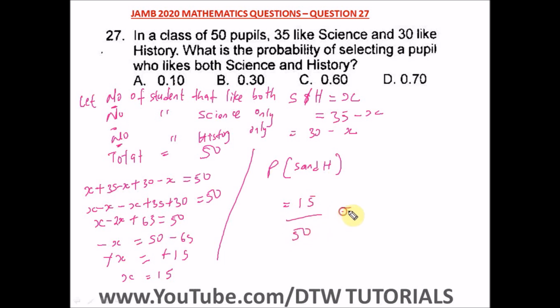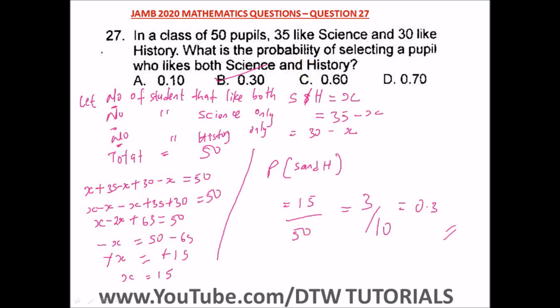That's the probability, which will give us 3 over 10, which is equal to 0.3. Our answer is B. So that is our answer for number 27 of the JAMB past question.